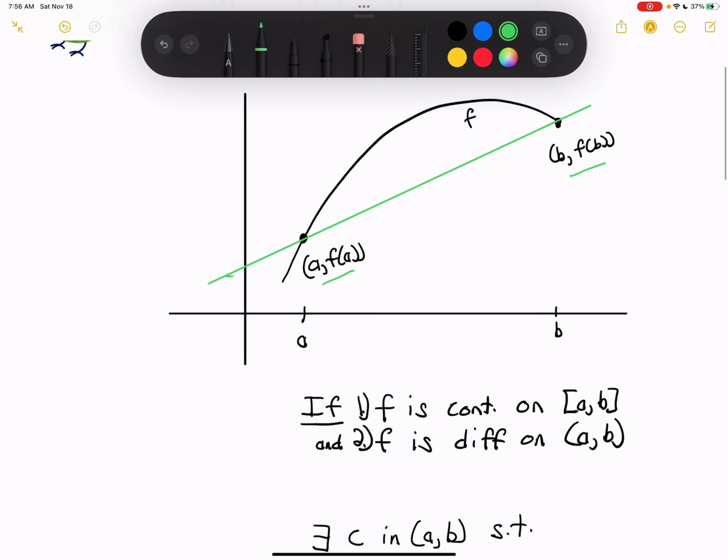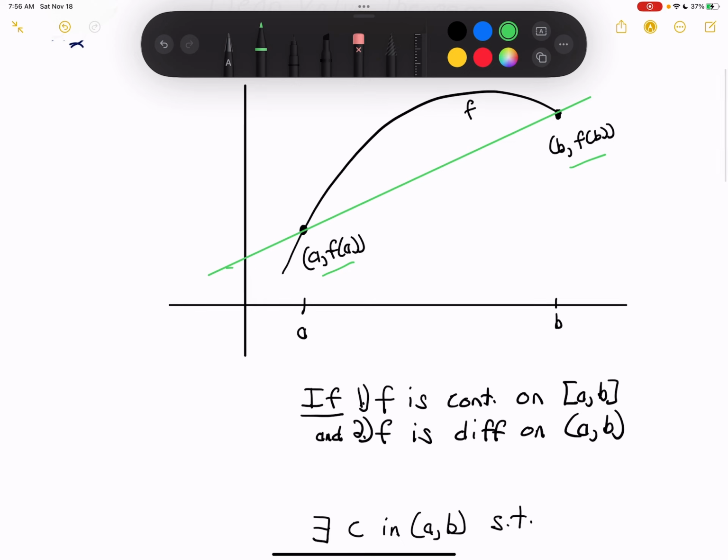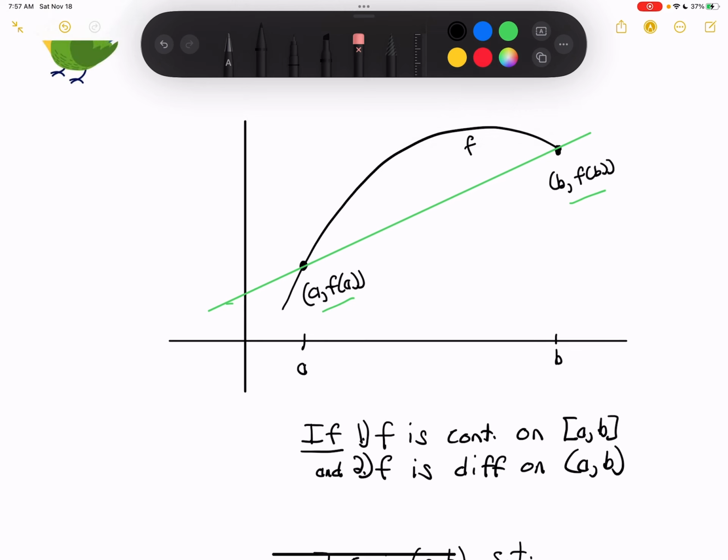So what the mean value theorem then says is that because the first two conditions are met, there has to exist a c somewhere in between a and b, such that the slope of the tangent line at that point on the function is equal to the slope of this green secant line.